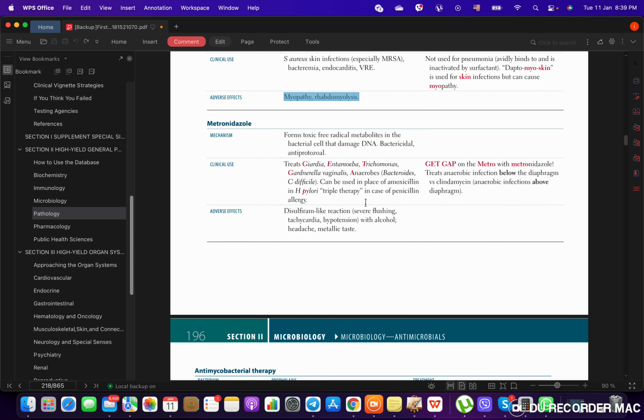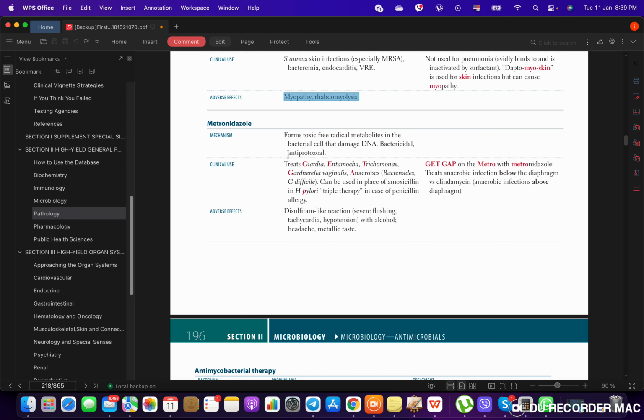The last drug for today is metronidazole, and the mechanism of it is the creation of free radical metabolites in the bacterial cell, which damage the DNA of the bacteria and kill it. Metronidazole is actually not an antibacterial, it's not an antibiotic, it's an antiprotozoal.